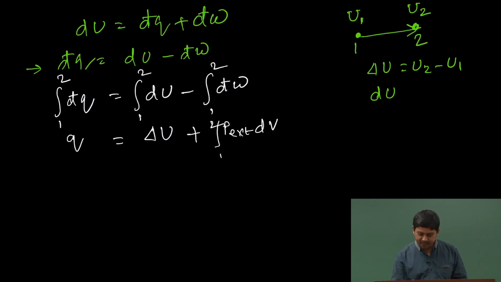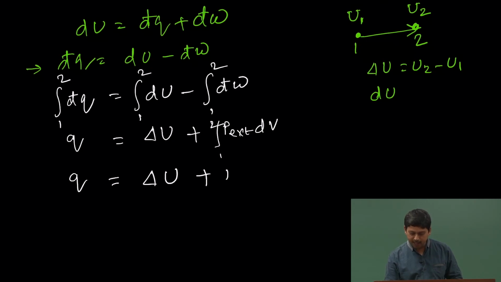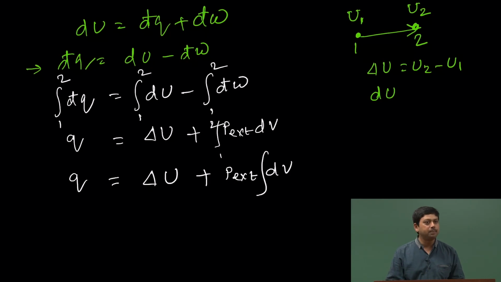But then the next step, when I write q to be delta U plus P external dV, I am assuming P external to be constant. So, therefore, I have to put P here, and then I can write that.